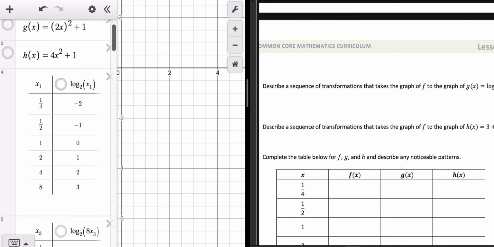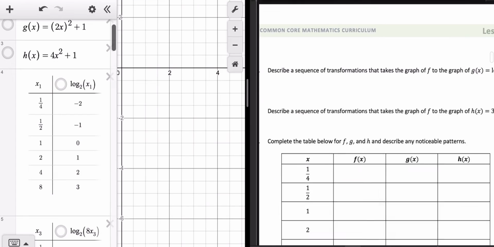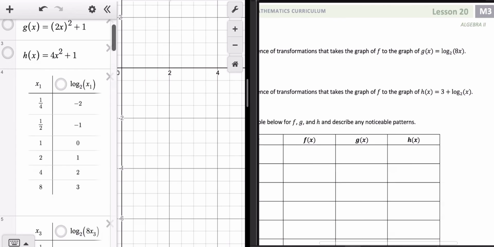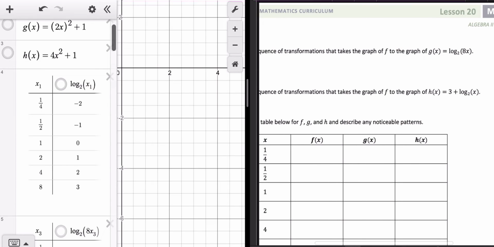All right, describe the sequence of transformations that takes place from f to the graph of g of x. Okay, so what's happening here? The only thing is that we don't have any type of translation. It's not going up or down. But we have this 8, and it is inside the parentheses.